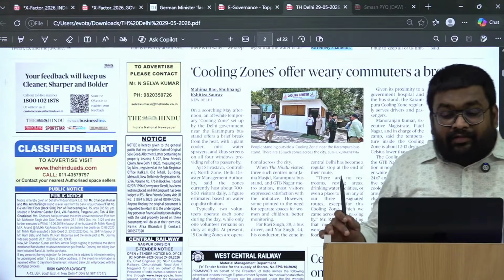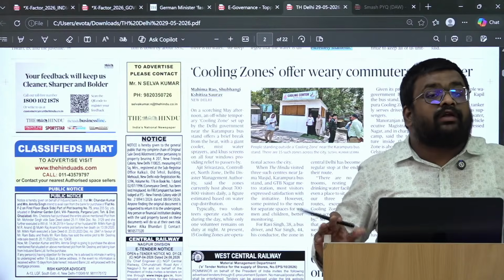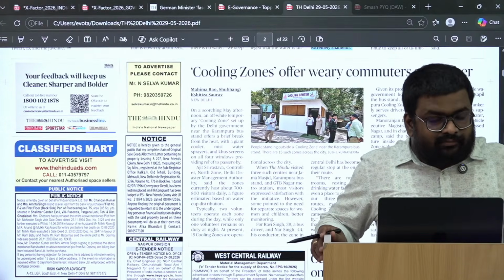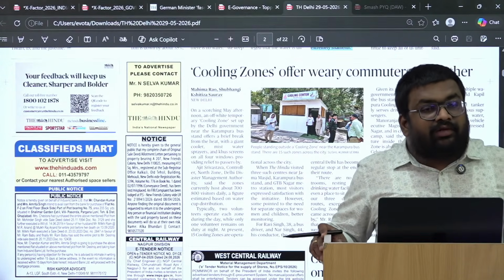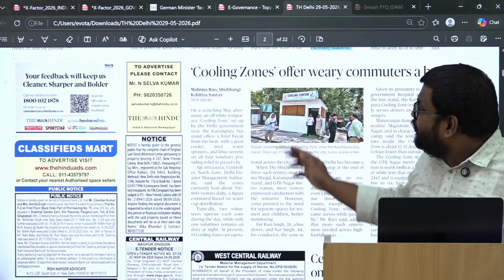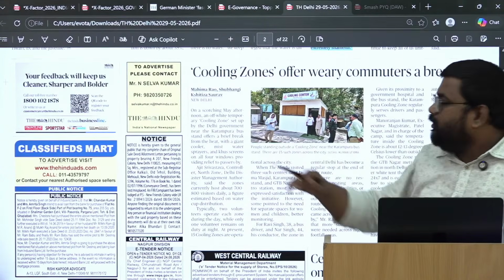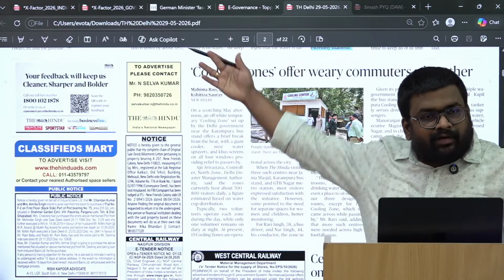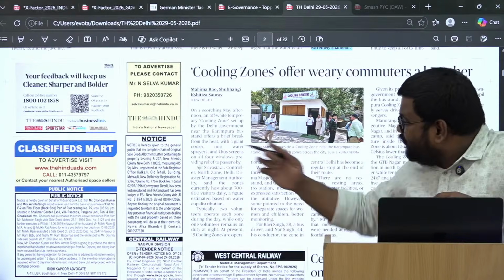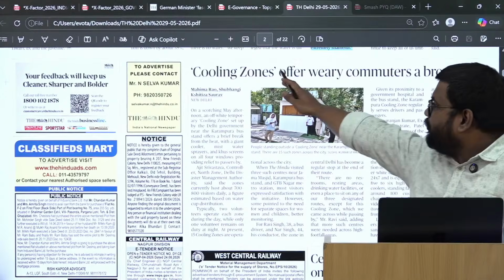Again, in disaster management, you can get a question on heat waves in India in recent years. So in way forward, you can add this as the case study. So cooling zones set up by Delhi government, that can act as your example. नीचे का पढ़ो भी मत, doesn't matter. आपको एग्जाम्पल मिल गया बस है.